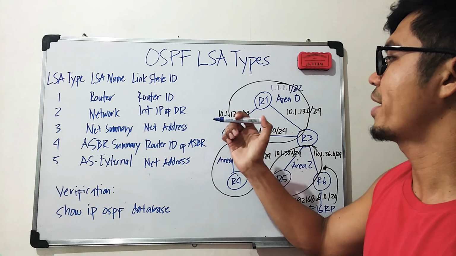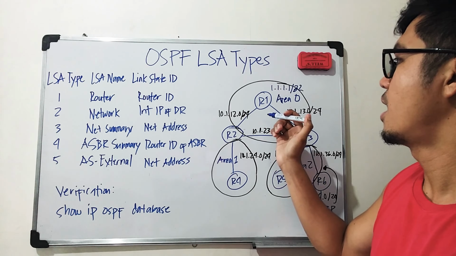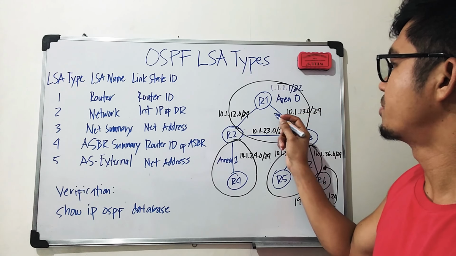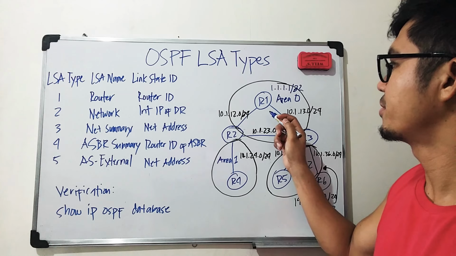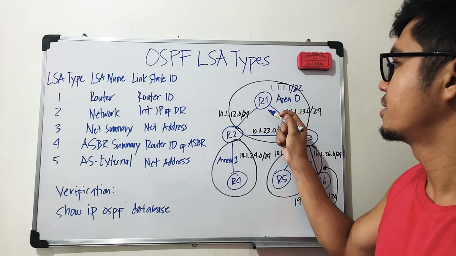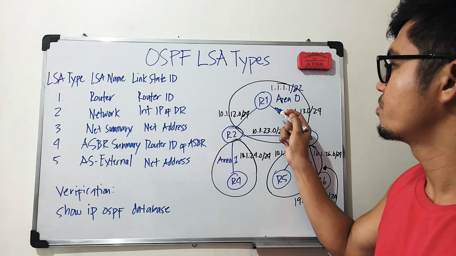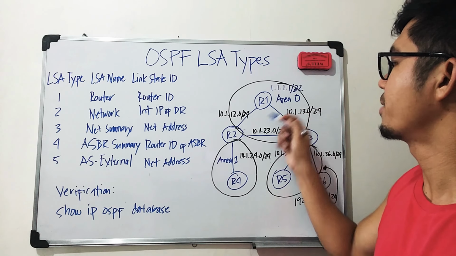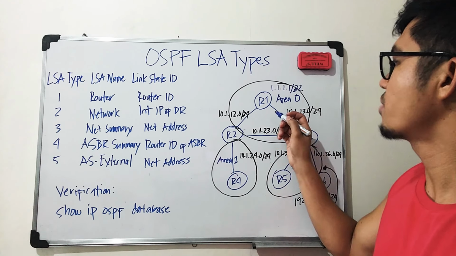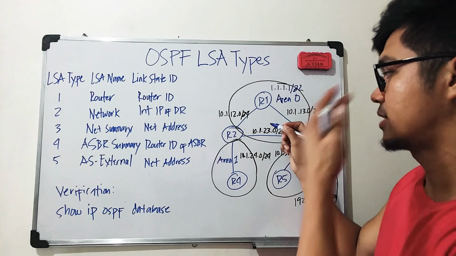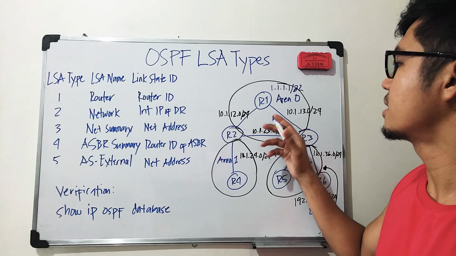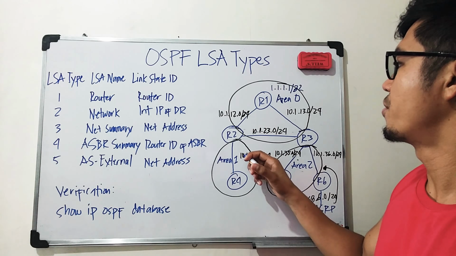So router LSAs, like I said, are originated by the originating routers inside of an area, for example area 1, and these router LSAs will not be seen in another area.